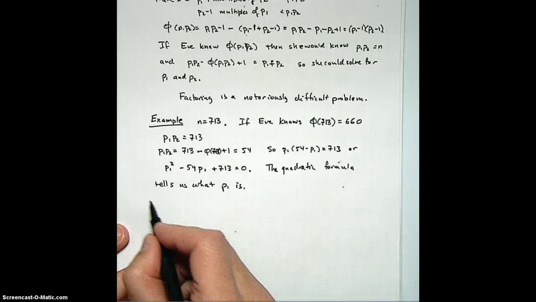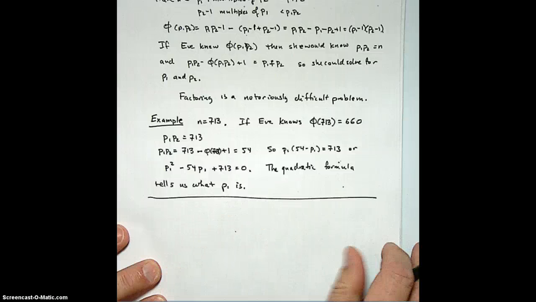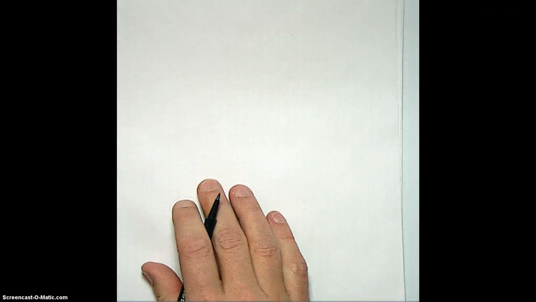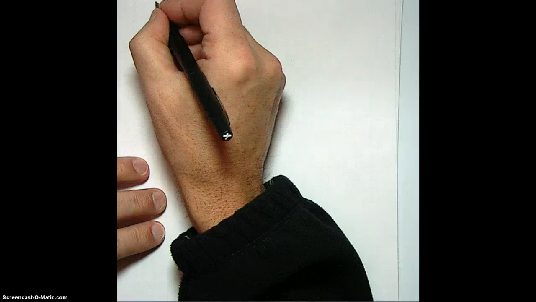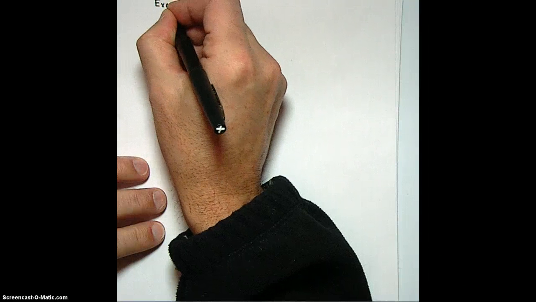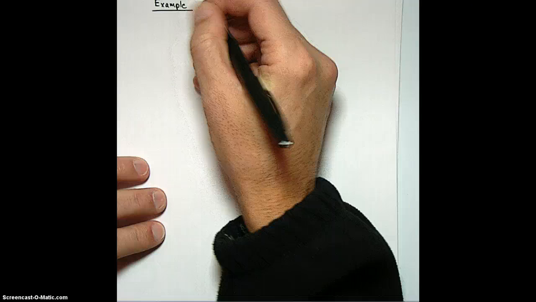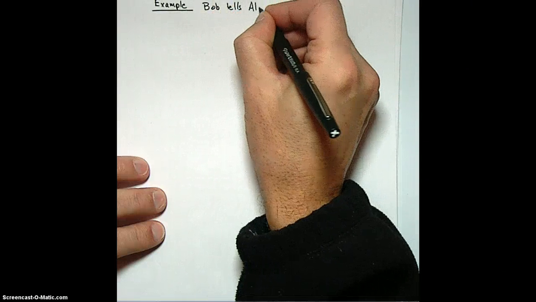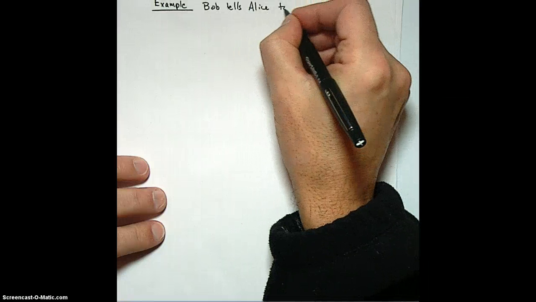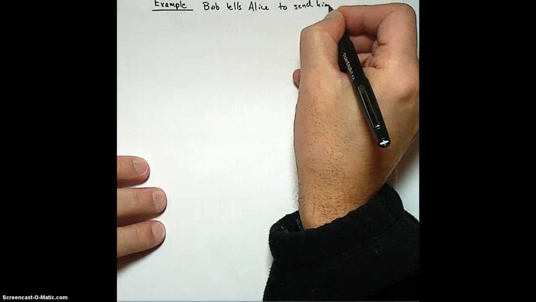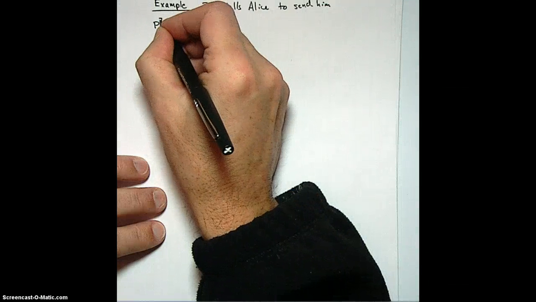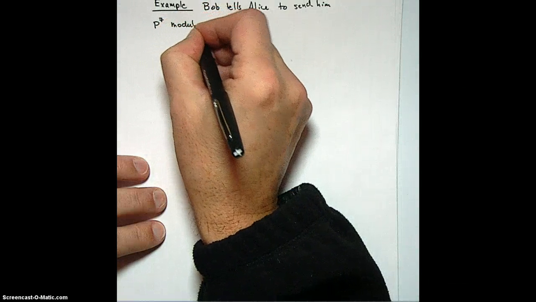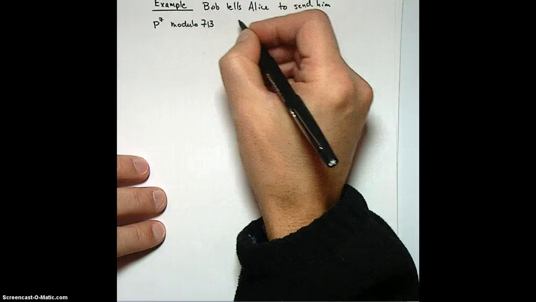Okay, so let's look at an example. Here we go, example. So Bob tells Alice to send him p to the 7th modulo 713.